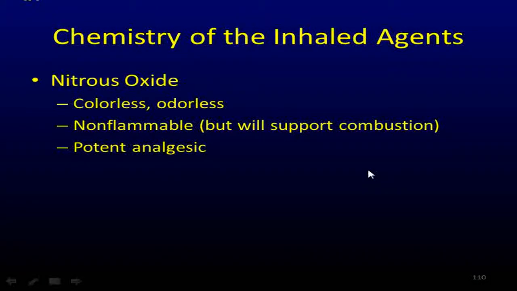One thing I want to say about nitrous that I haven't said. It gets a little disjointed, just bear with me. Nitrous has a great analgesic effect to it. I've read some papers that say you can give 70% nitrous and achieve the same effect as 4 to 5 milligrams of morphine.